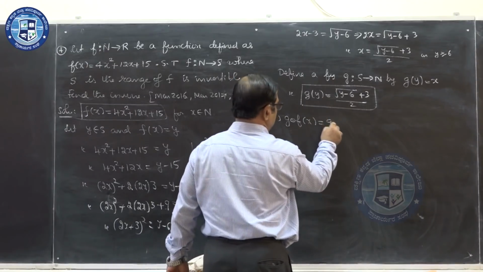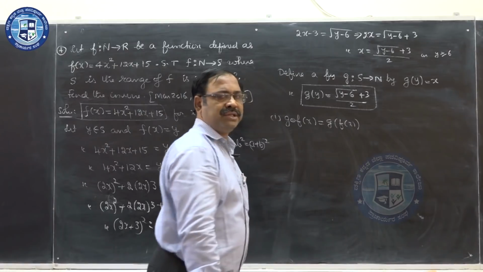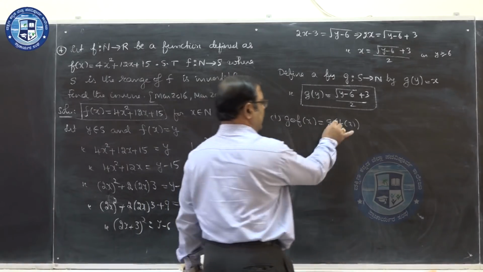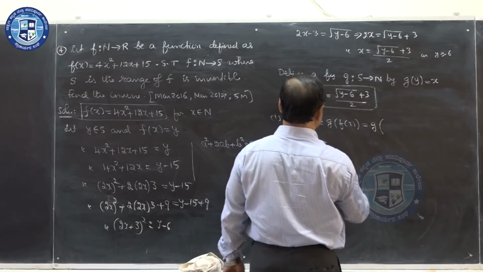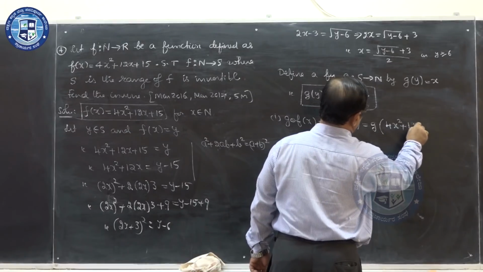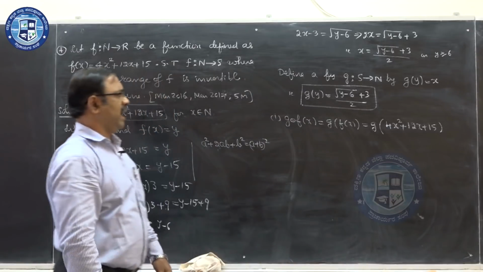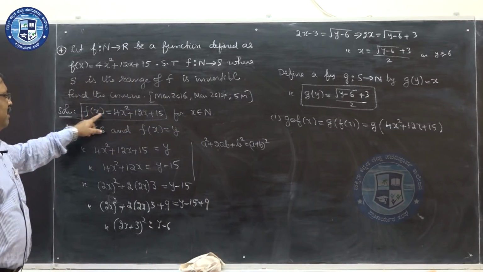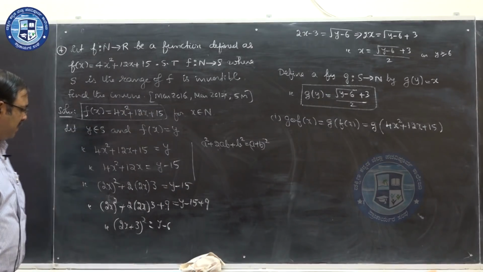What is this? G of f of x. That is g of, tell me, what is f of x? F of x is equal to 4x square plus 12x plus 15.